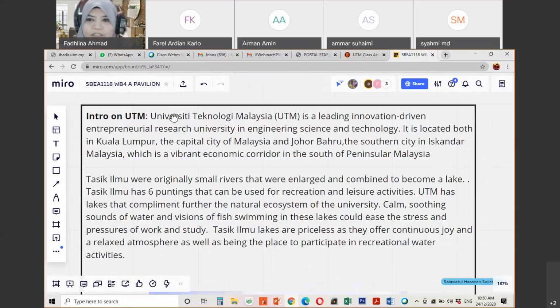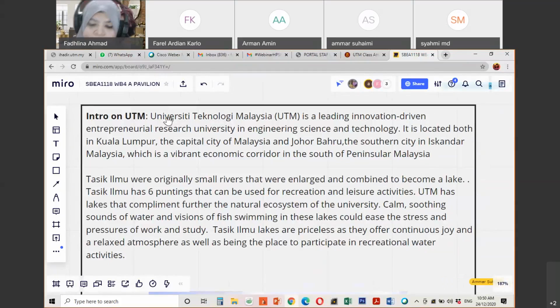For the location plan, you need to mention where UTM is located within the Johor Bahru area. Later you need to prepare a plan, a map for Johor Bahru, and mark where UTM is located within Johor Bahru.